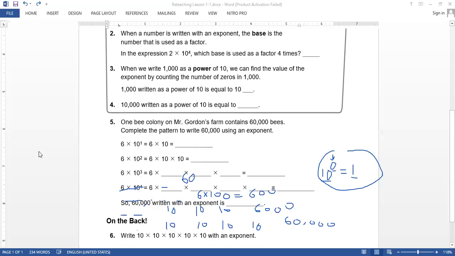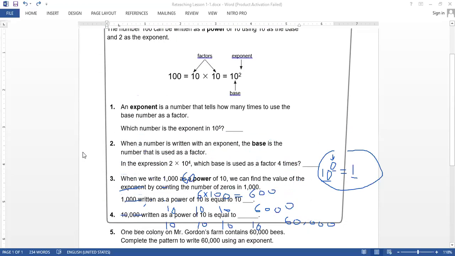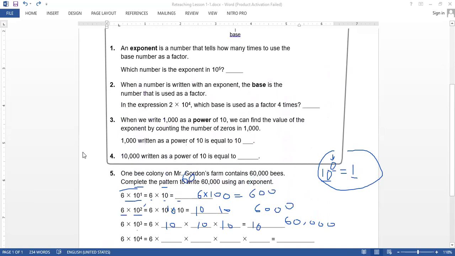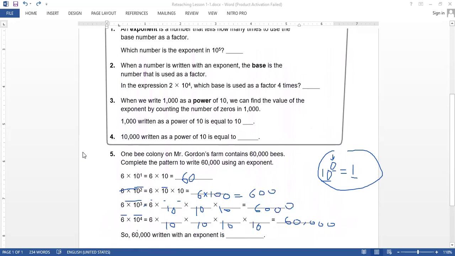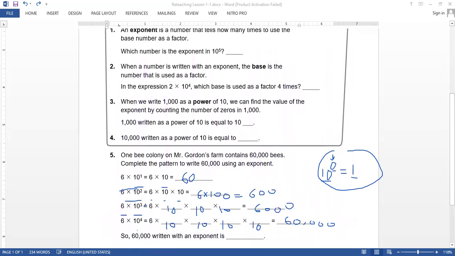So 60,000 written with an exponent is 6 multiply 10 power 4.